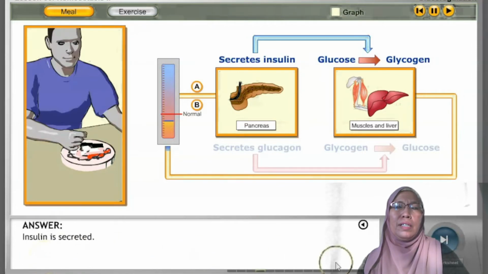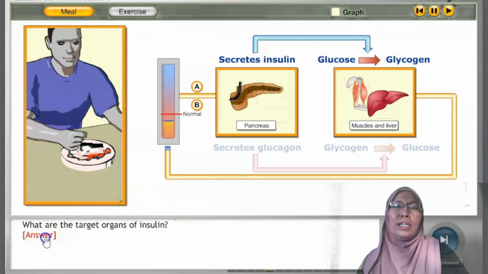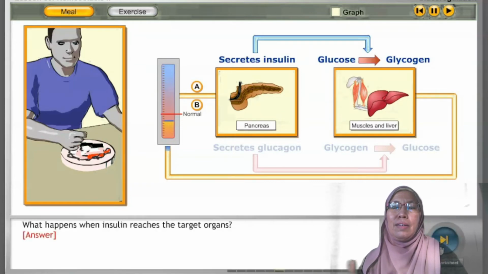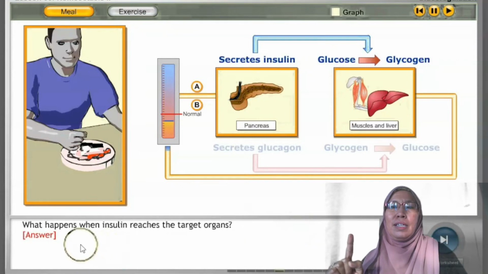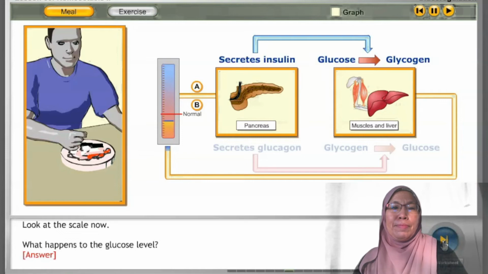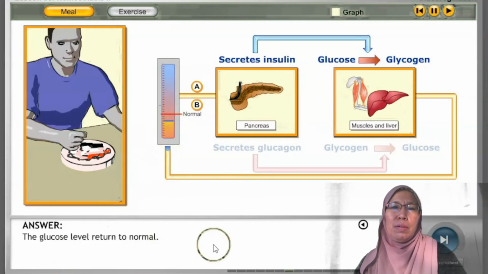So we repeat again. The insulin is secreted. The target organ of insulin is the liver, so glucose is converted to glycogen. Now the glucose level goes back to normal.